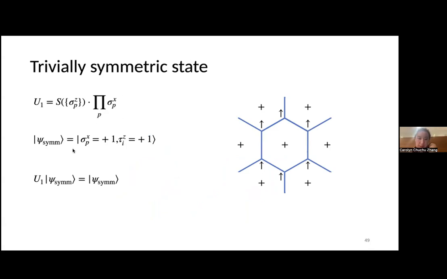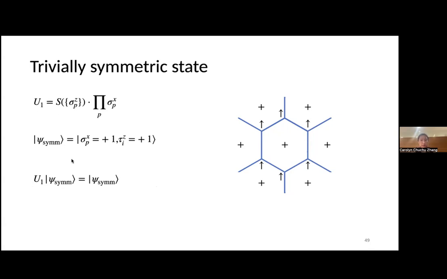The reason is that what this S will do is translate the taus, but the taus are in a translation symmetric state anyway, so it doesn't actually do anything on the tau states. Because the translation acts trivially on the taus, and this clearly just stabilizes the sigma x's, this is actually symmetric under the symmetry, even though it's a product state.